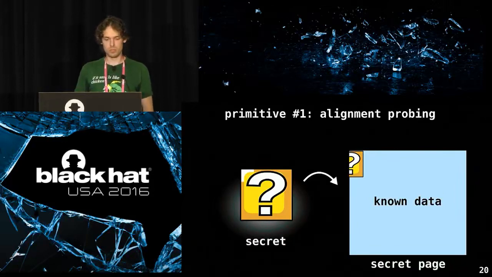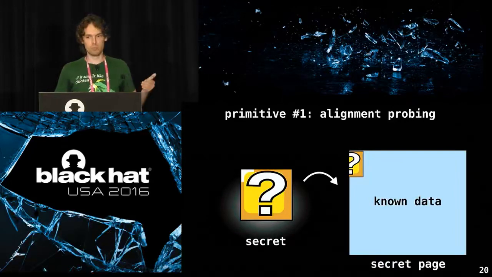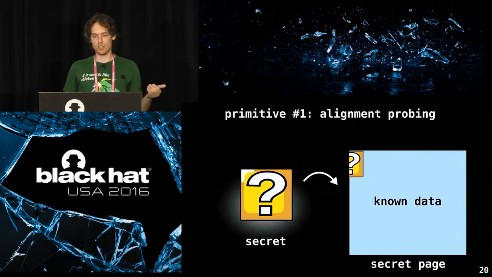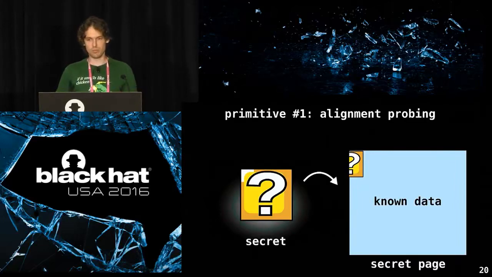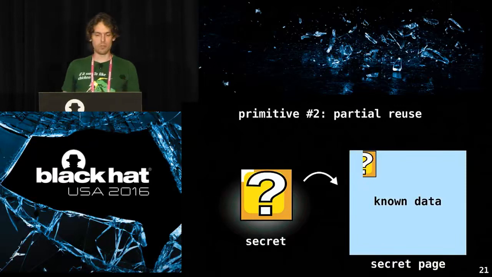So we have two primitives. One is the alignment primitive, where we try to push the secret just on the boundary of two pages, such that one page contains only part of the secret, and the rest is filled with known data. So we can leak part of the secret at once. We have a second primitive where we overwrite part of the secret.